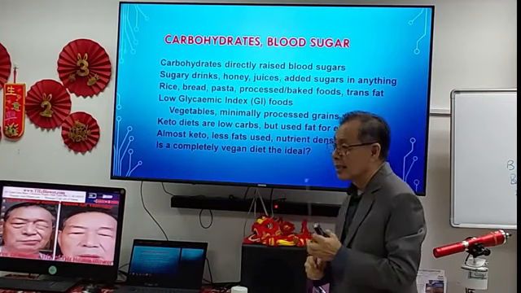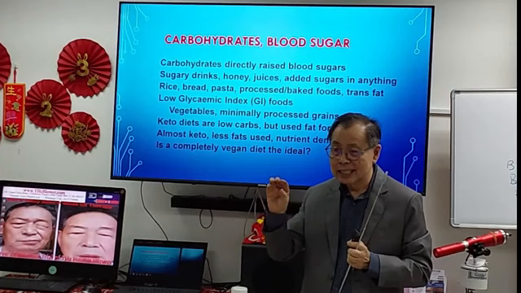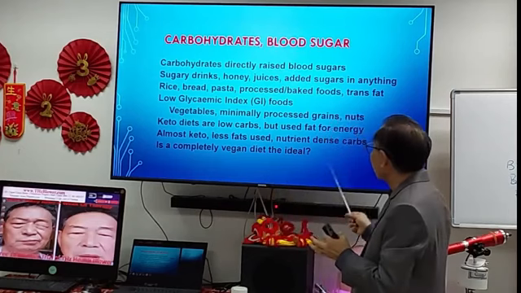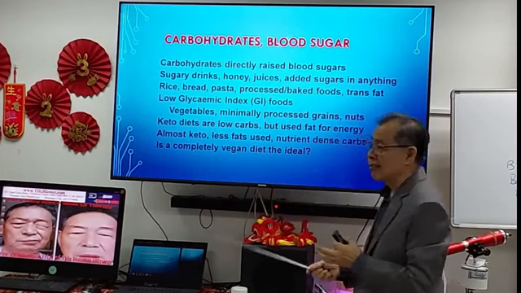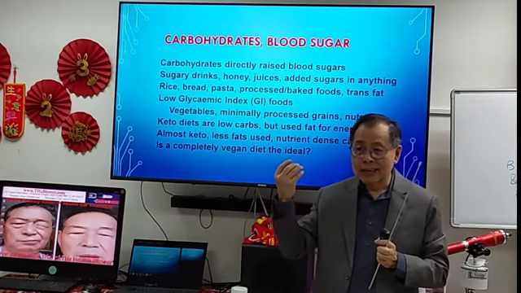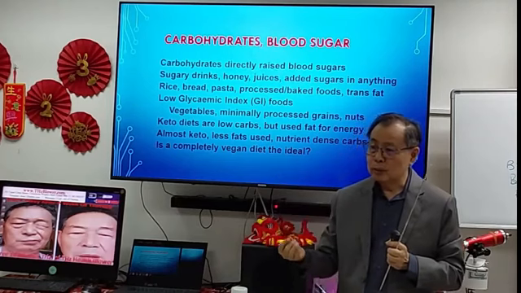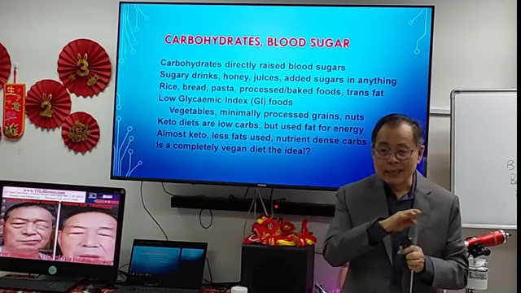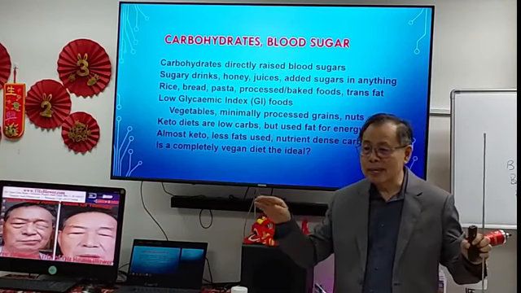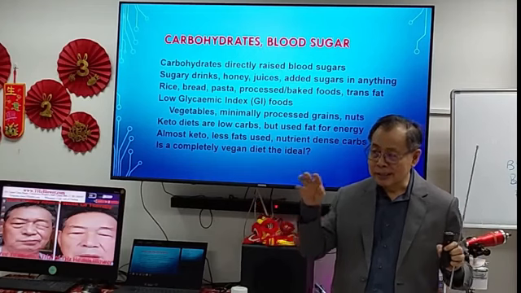Keto diets are low in carbohydrates. They don't raise blood sugar so much, but they use fat for energy. The keto diet has been one way that some people use to lose weight. They cut off all carbohydrates as much as possible. Take vegetables.